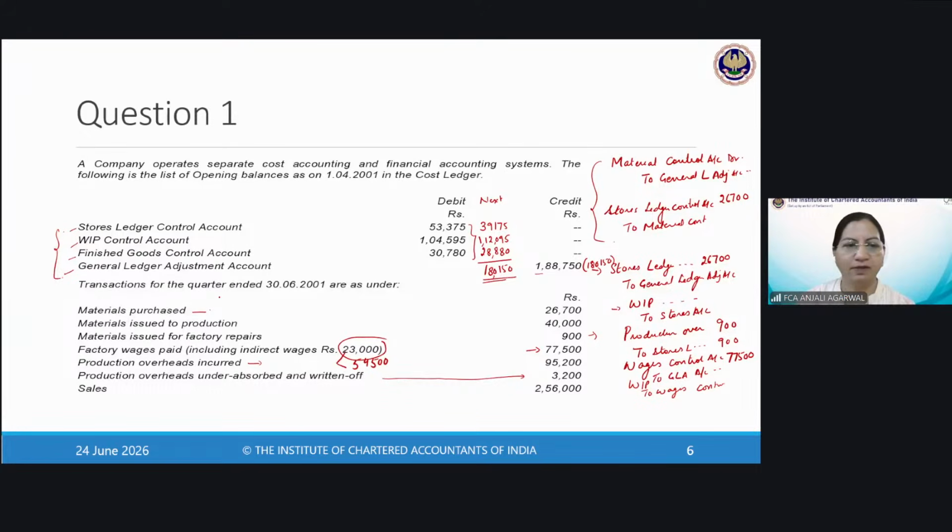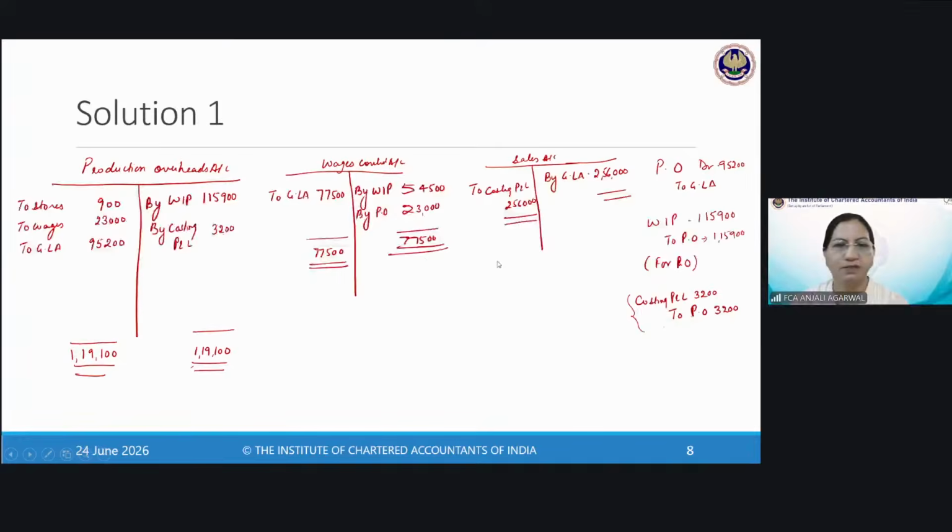Here I'll bring one point: had there been no policy to write off this 3,200, what would have happened is that production overhead incurred is 1,19,100 and production overhead recovered is 115,900.